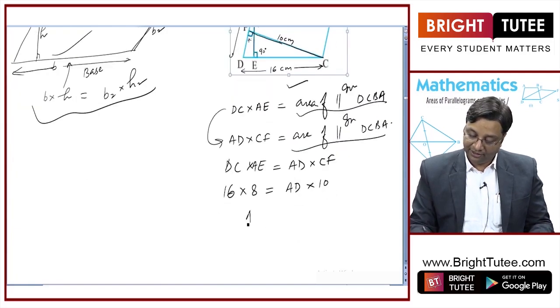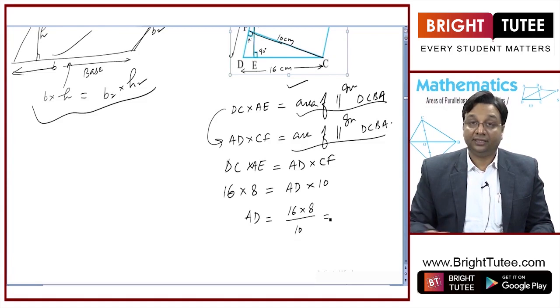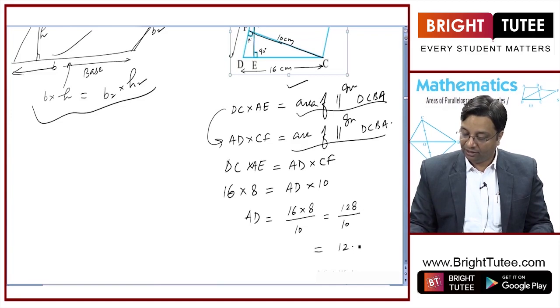So, AD is equal to 16 into 8 by 10, right. 16 into 8 is 128 and it has to be divided by 10. So, AD is 12.8 centimeter.